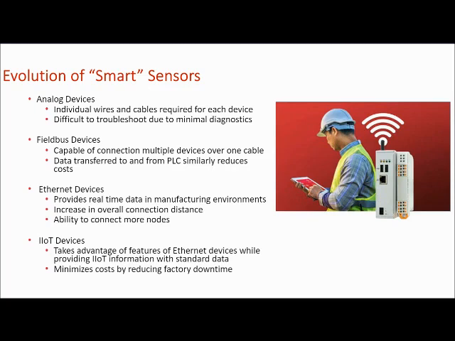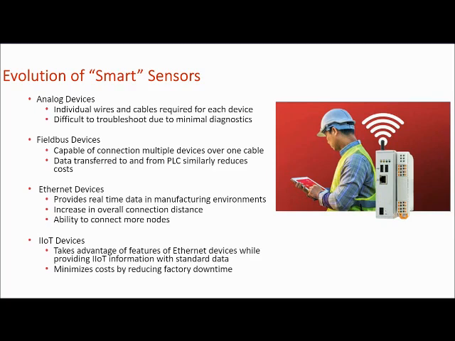And these devices provide somewhat real-time data in the manufacturing environment that they're used in. They increase an overall connection distance because of the capabilities of Ethernet in general, where you're able to connect up to about 300 feet from the source. And you also have the ability to have multiple nodes as well.